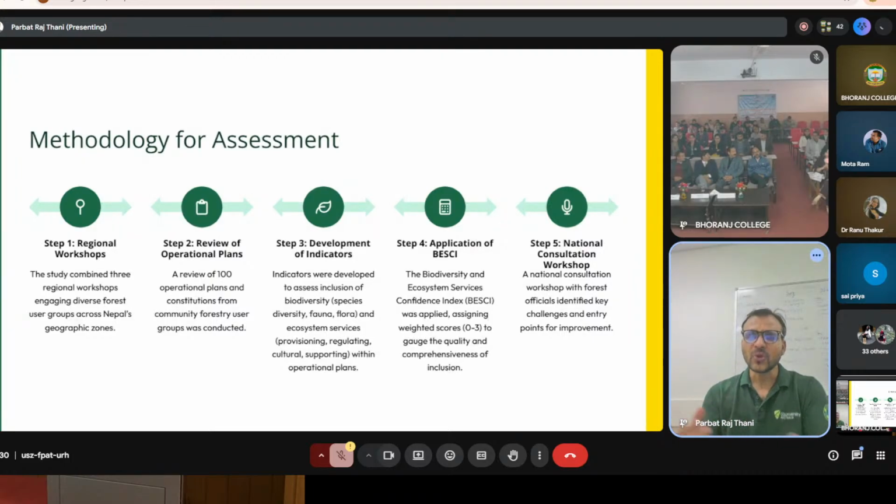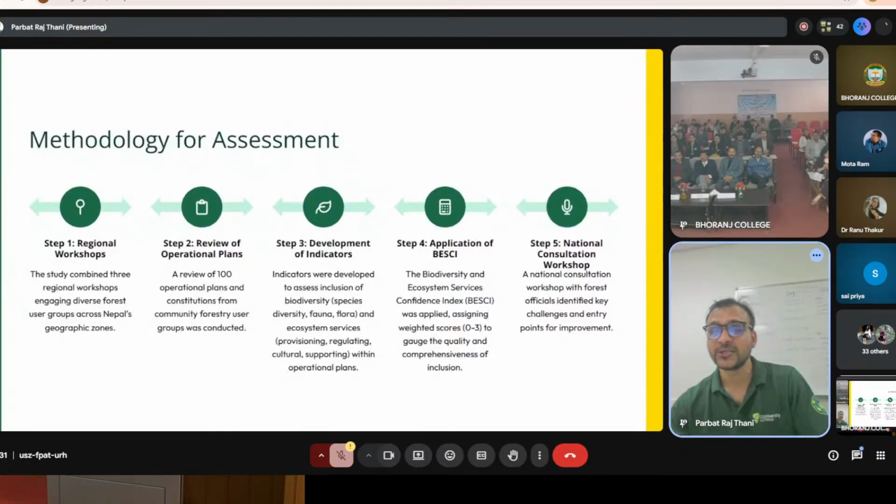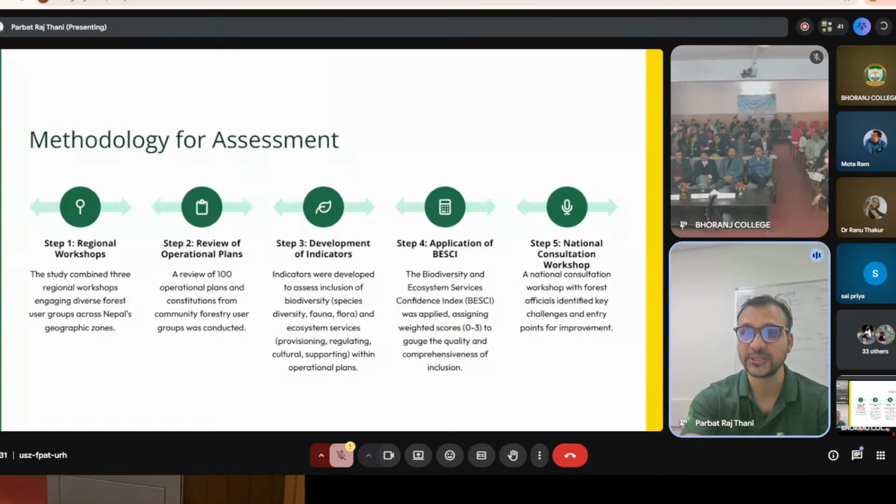Another thing we did was develop indicators to understand the status and gap, and the application of BESCI, and a national consultation workshop was conducted so that we could engage with different stakeholders and identify the status, the present scenario, and the threats.